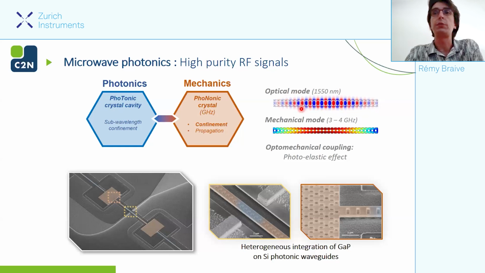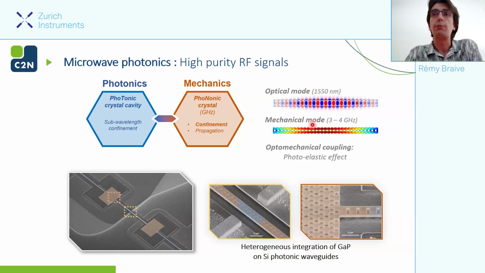Here you see the mode profile of the electromagnetic mode at 1550 nanometers. On the mechanics, we are using a phononic crystal, which is working in the gigahertz, in order to confine mechanical modes. You can see here the displacement profile of the mode that we are using, and this mode is, depending on the geometry, around 3 to 4 gigahertz.